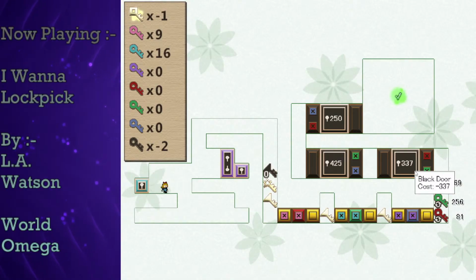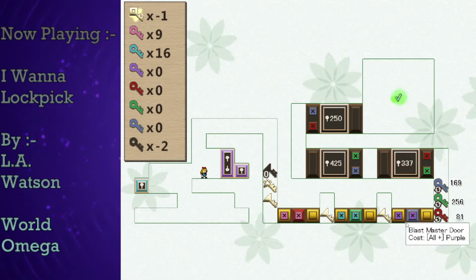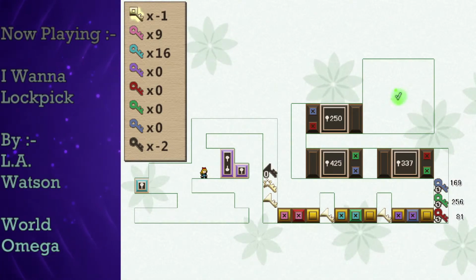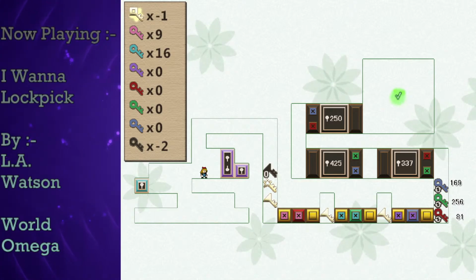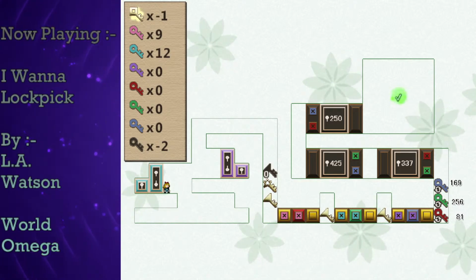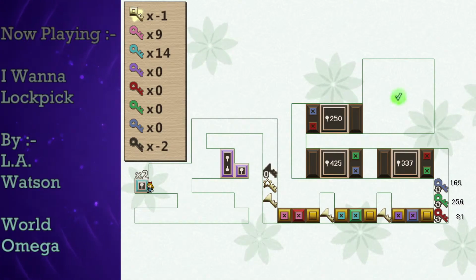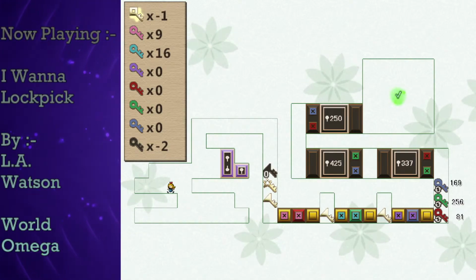Okay. Yeah. And purple will give us blue, which is 169, which is the square of 13. That's why the puzzle is named square, by the way. But y'all already know that. Okay.